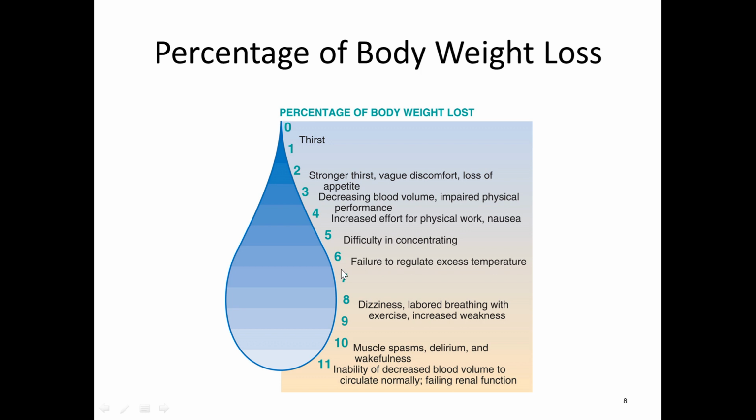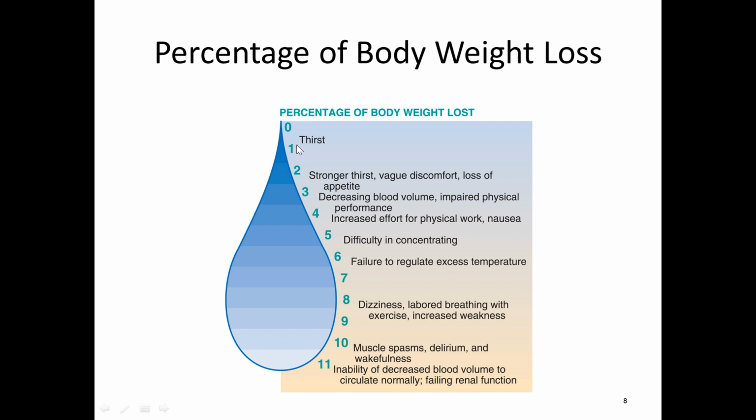When even 6 to 7% of body weight is lost, and at 8 to 9%: dizziness, labored breathing with exercise, increased weakness, muscle spasms, delirium and wakefulness. Inability of the decreased blood volume to circulate normally, falling renal function. This is the graph according to body weight lost.